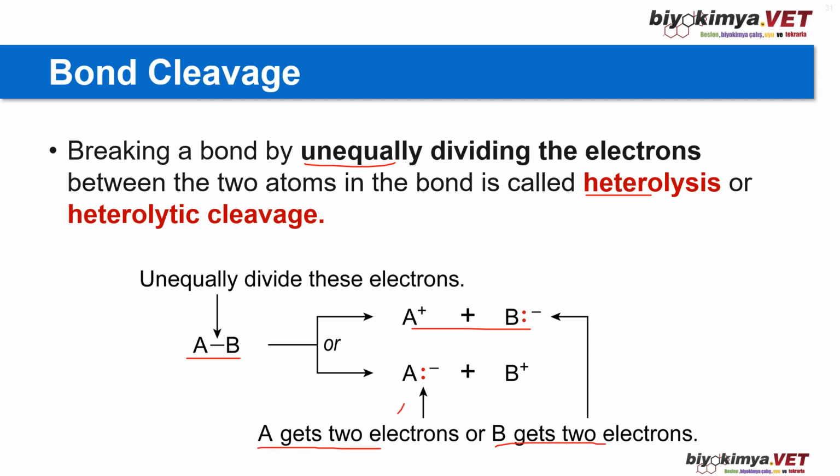A gets two electrons in this example. And when A and B have different electronegativities, the electrons normally end up on the more electronegative atom. So here, as you see, A and B do not share electrons equally. Only one gets both electrons, B or A.